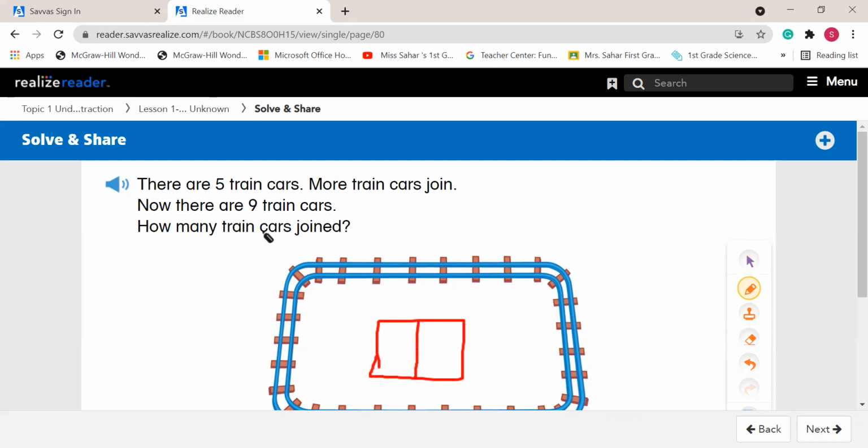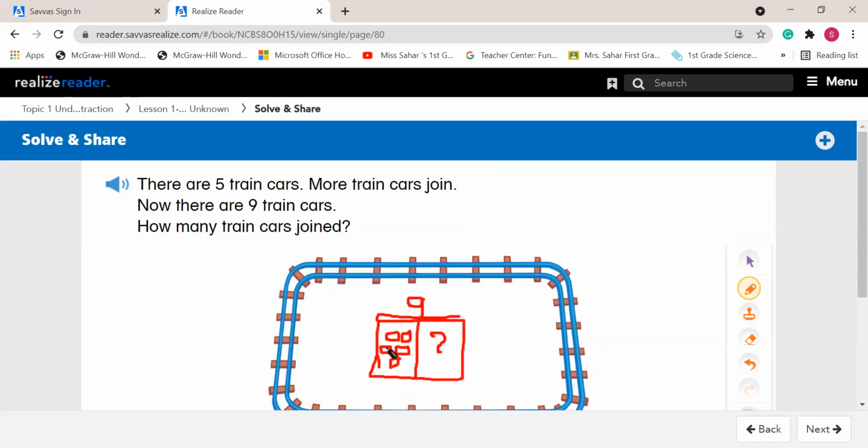There are 5 cars, so I'm gonna use 1, 2, 3, 4, 5. So I know one side, or one addend, of my equation. Now there are 9. So more join, and now I see that we have 9. So that's your 9, which is the total of what I have on both sides. So this is the missing addend or the missing side.